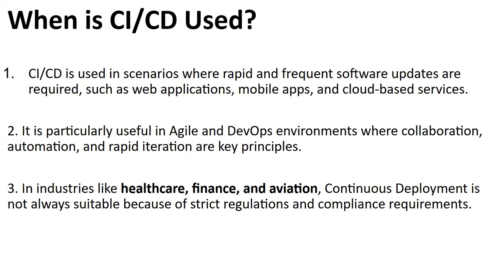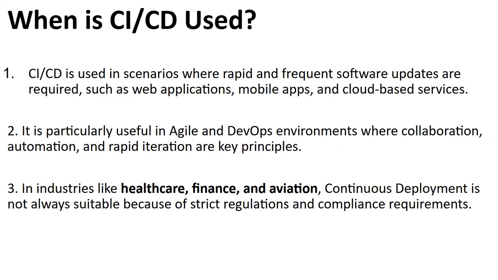And then here we have, when is CI/CD used? CI/CD is a great fit when software needs to be updated quickly. That's when CI/CD is used. It is used for web applications. It is also used for mobile apps or cloud services.